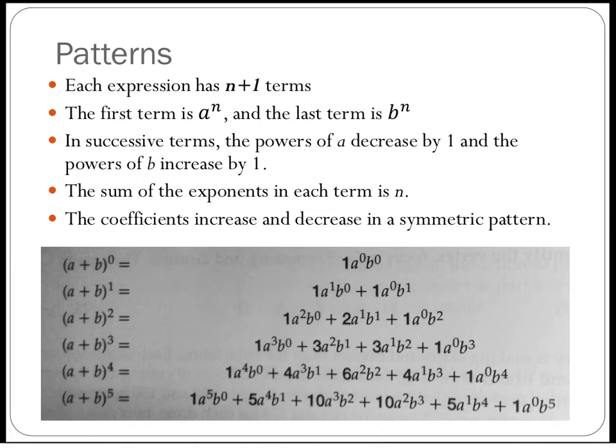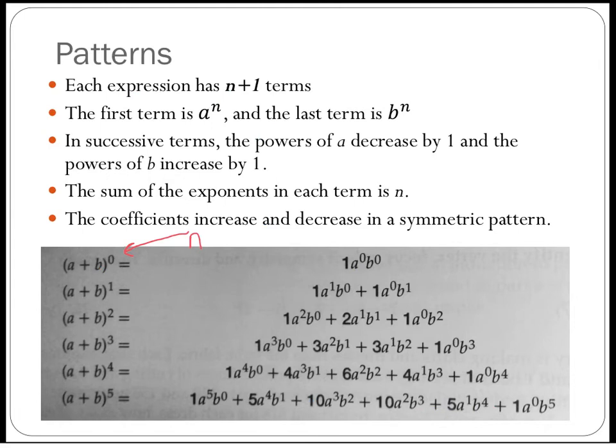So the power that we're raising our binomial to is n. So if we look, each expression has n plus 1 terms. So this is 0, n plus 1, there's only one term here. So if I have something to the 5th power, I'm going to have 6 terms written. So 1, 2, 3, 4, 5, and 6.